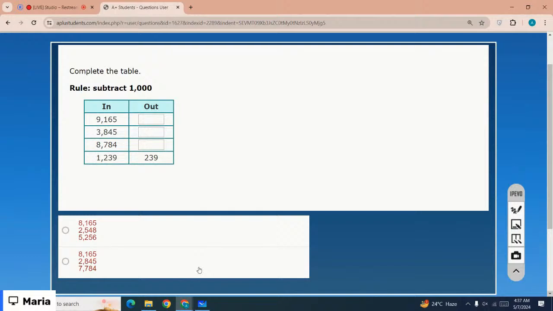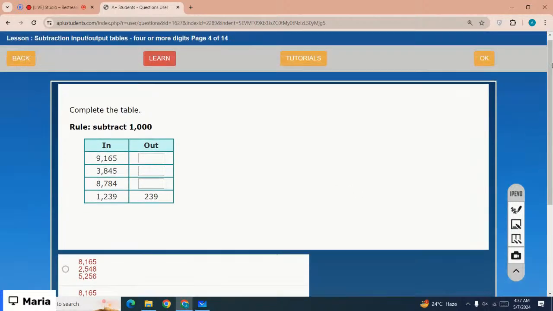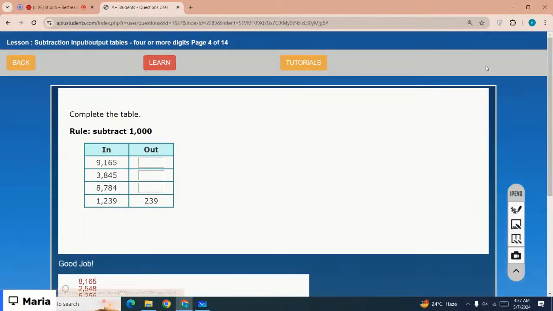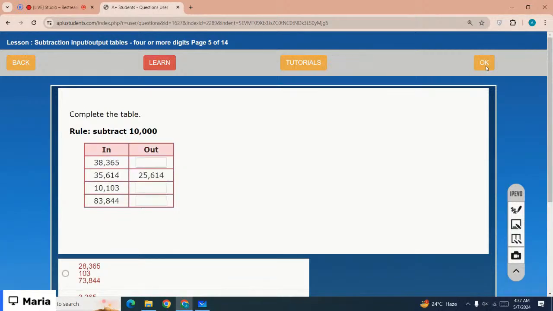Got it? Complete the table. Subtract 10,000.